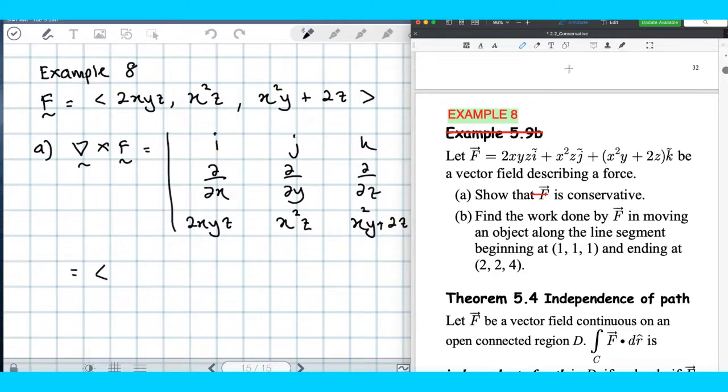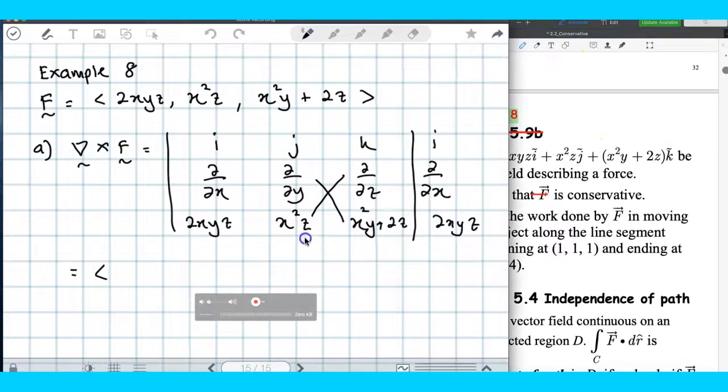The first component, j cross k, will give you i. So del y of this gives x squared, minus del z of this, which gives x squared.